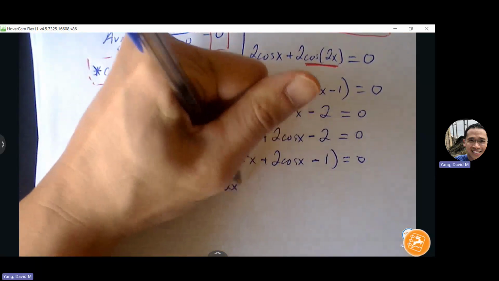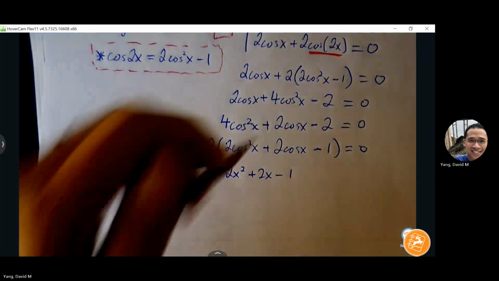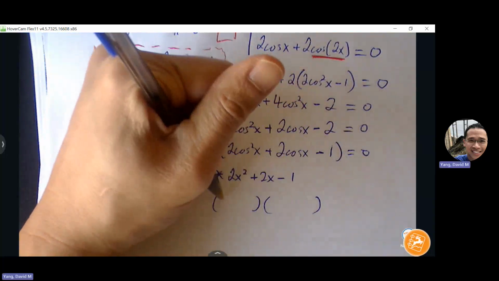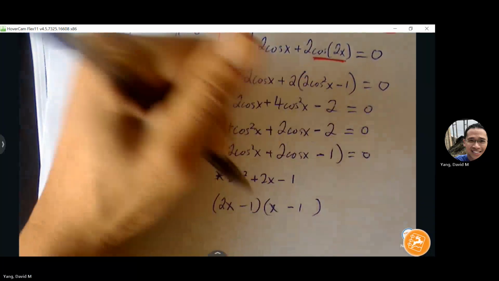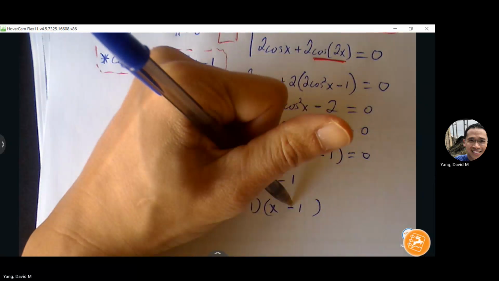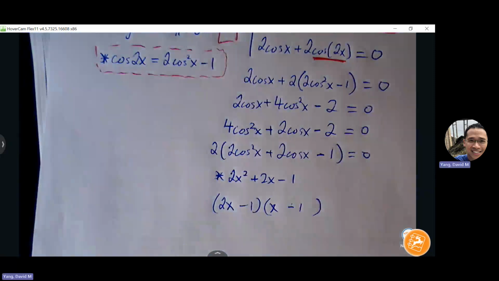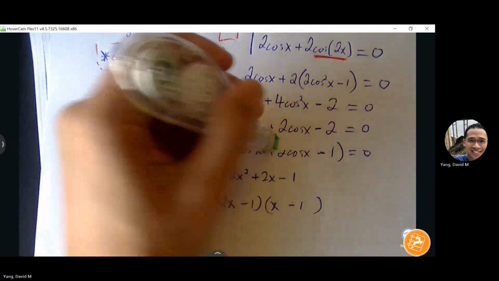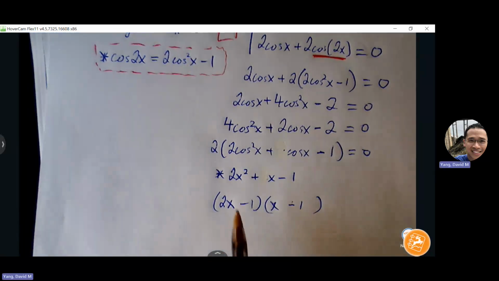What if I ask you, what's the factored form of 2x squared plus 2x minus 1? Multiplies to be -2, adds up to be 2. Oh, I'm sorry, not 2. My bad. That's a 1 here. Okay, multiplies to be -2, adds up to be 1.